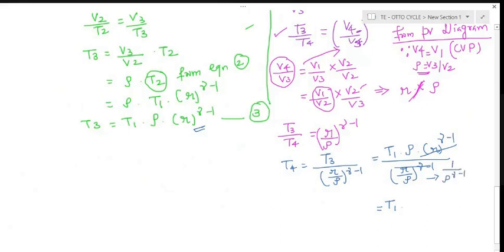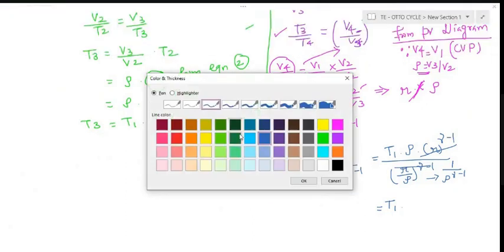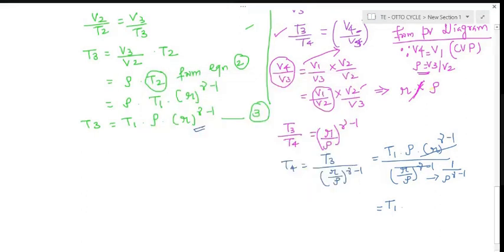If you move it here, again we can form it like this. Already here we have a rho, so we can write rho power gamma into rho power minus 1.